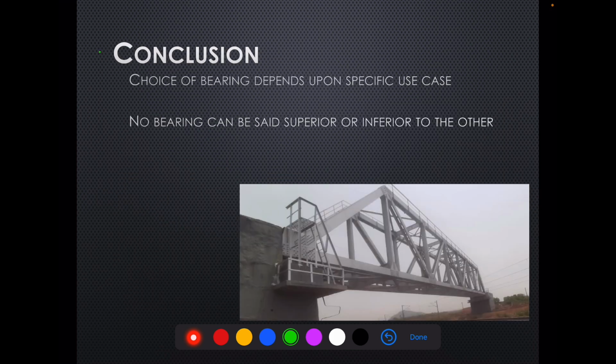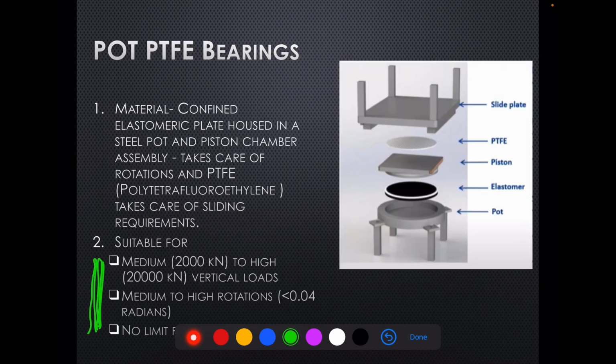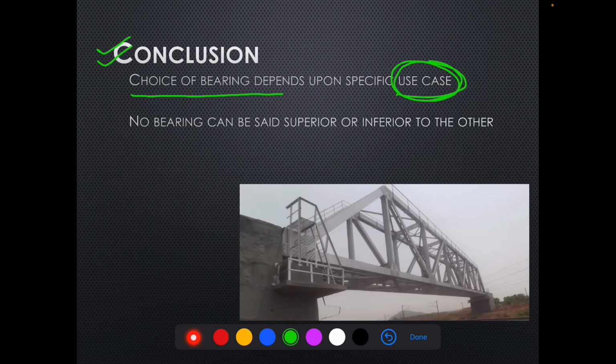To conclude, the choice of bearing depends upon the specific use case. As we have seen, spherical bearings have applicability in certain load and rotational cases, while pot PTFE has applicability at different load and rotation use cases. Therefore, it depends upon the specific use case, and no bearing can be said to be superior or inferior to the other.